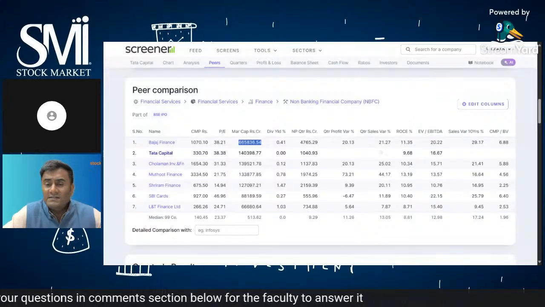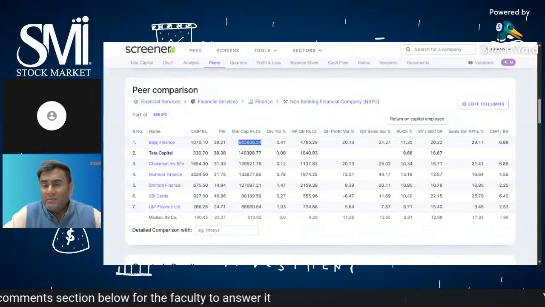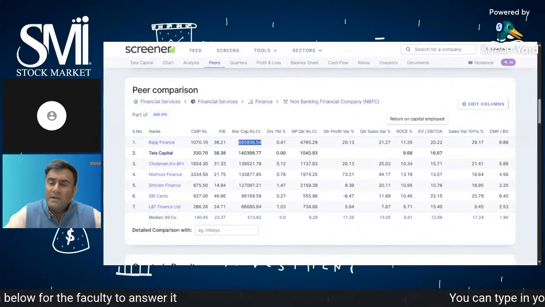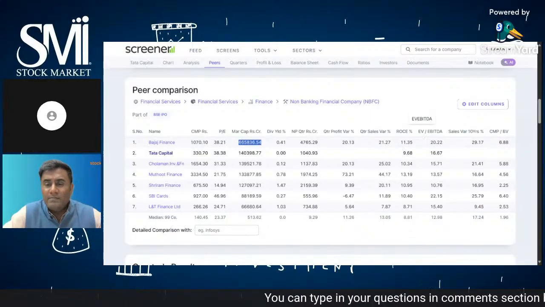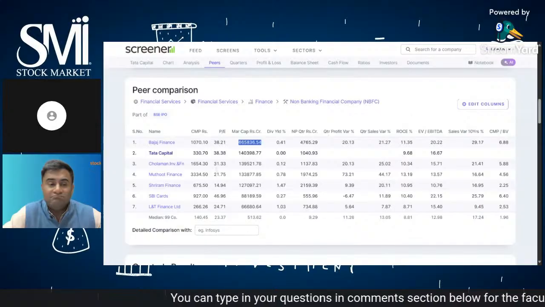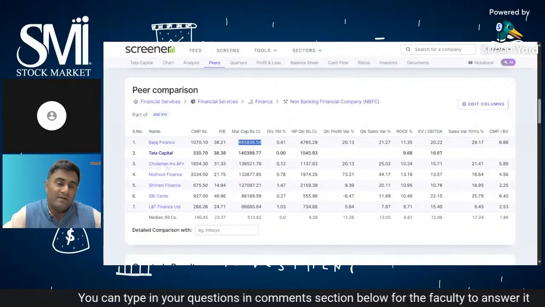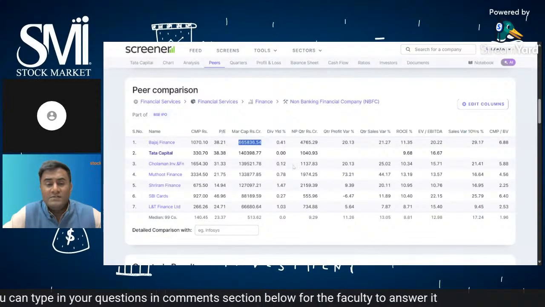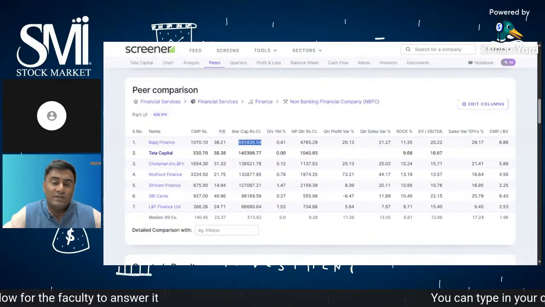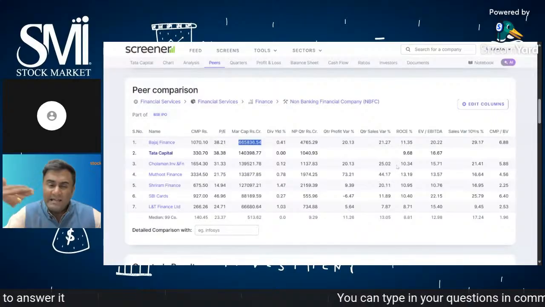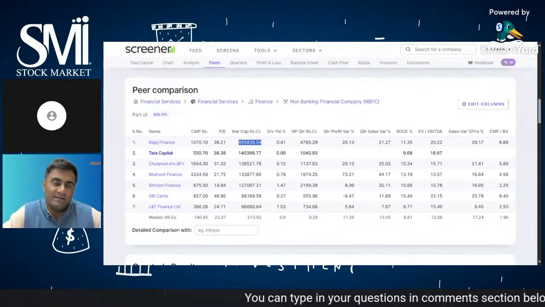As far as the return on capital employed is concerned, friends, higher the better. Simple as that. So if I had to compare the stocks of Tata Capital and Cholamandalam, I would say by the reading that we get over here, ROC wise, Chola is slightly better than Tata Capital.